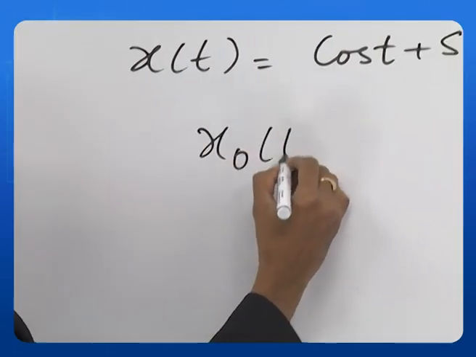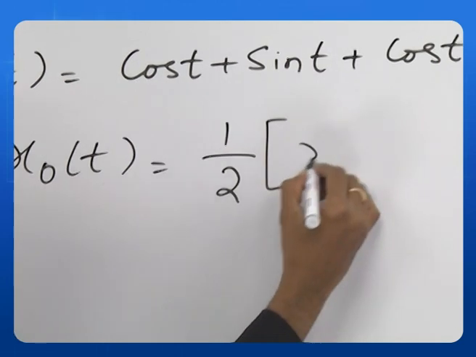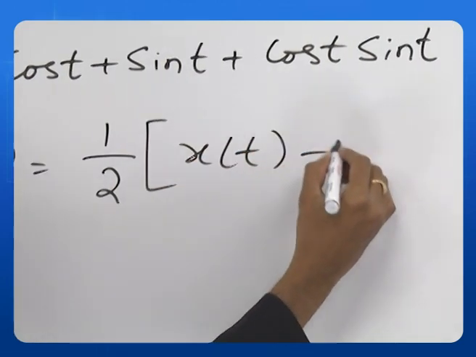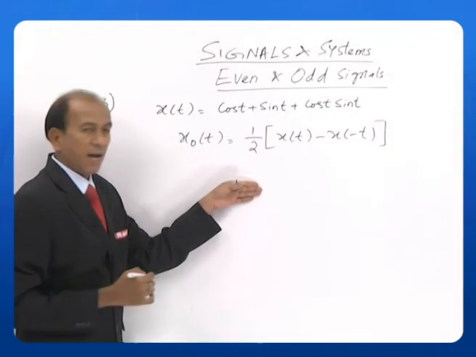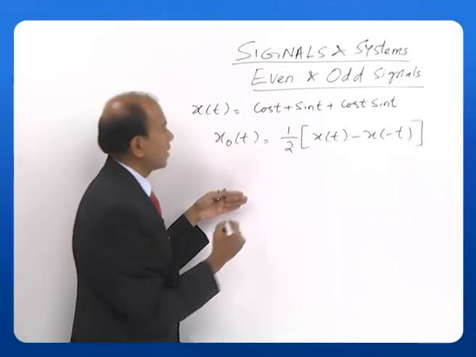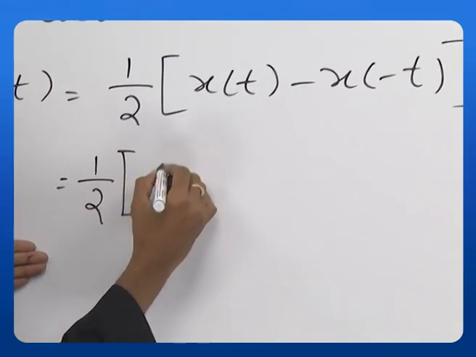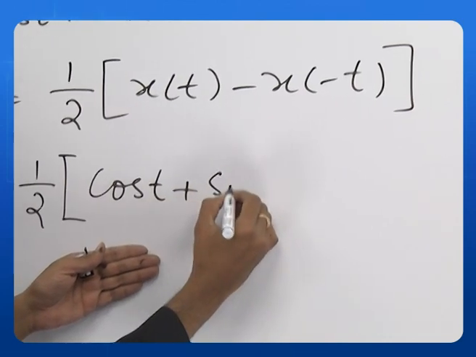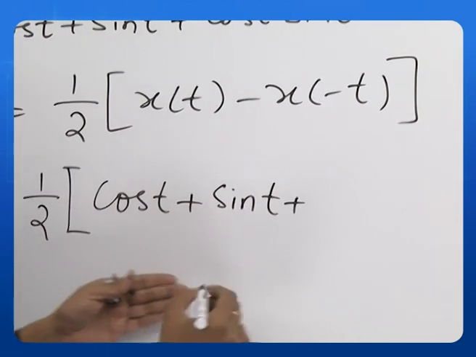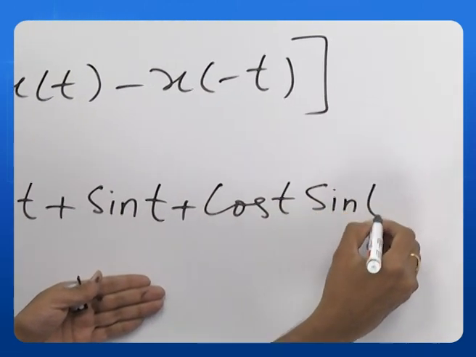We know xo of t is equal to half of x of t minus x of minus t. Let us put this here. So, this is equal to half of cos t plus sin t plus cos t sin t.